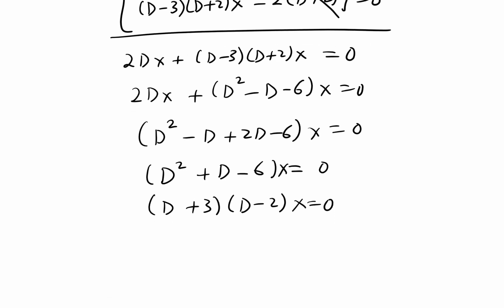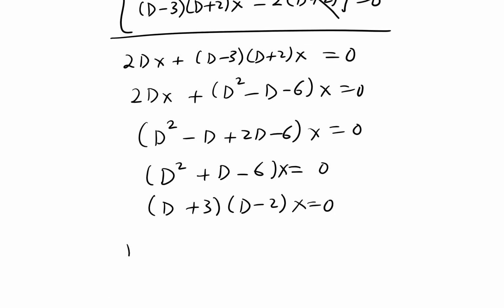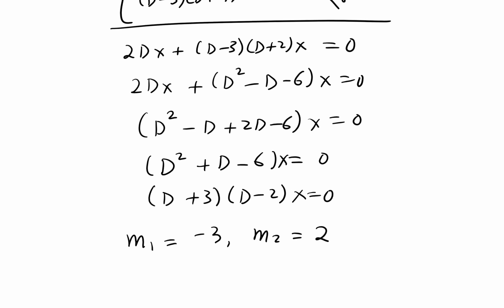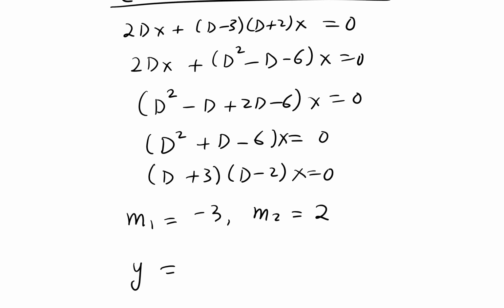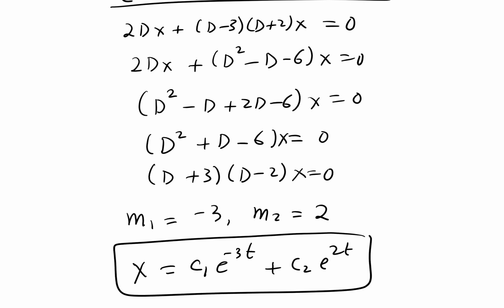The auxiliary equation then has solutions m1 equals negative 3 and m2 equals 2. Then the solution to this differential equation, solving for x first, is x equals C1 e to the negative 3t plus C2 e to the 2t. That's x of t. Remember, we need to get both x of t and y of t.